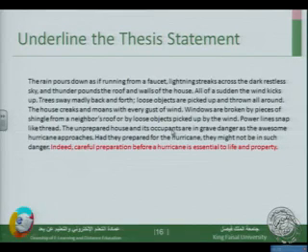So in this example, the rain pours down as if running from a faucet, lightning streaks across the dark, restless sky, and the thunder pounds the roof and walls of the house. All of a sudden, the wind kicks up. Trees sway madly back and forth. Loose objects are picked up and thrown all around.